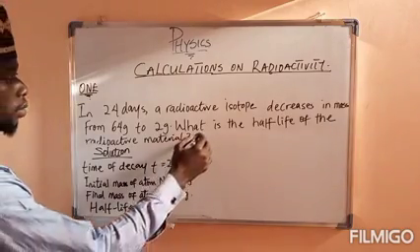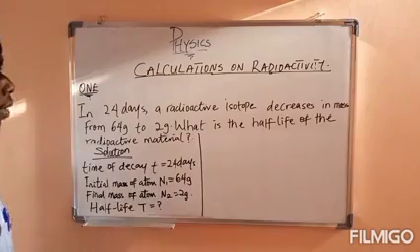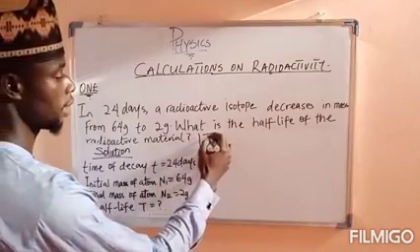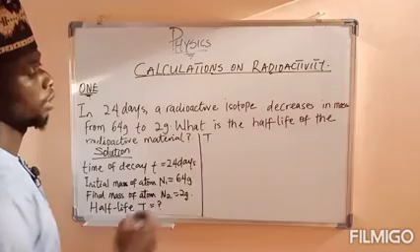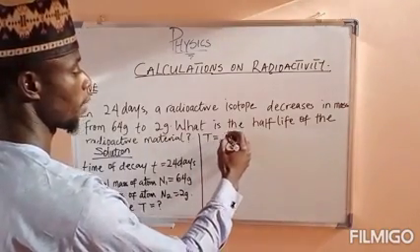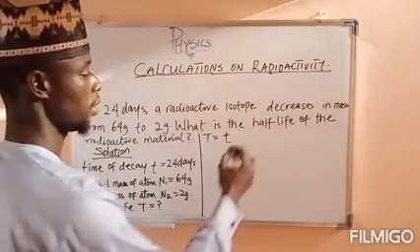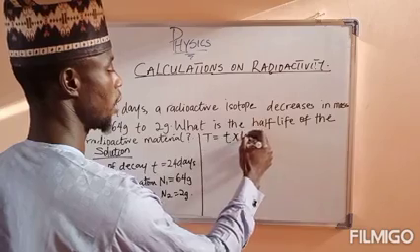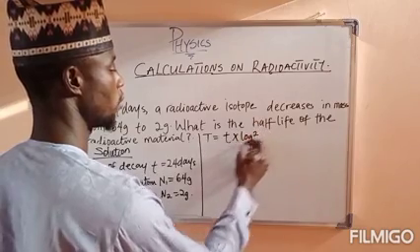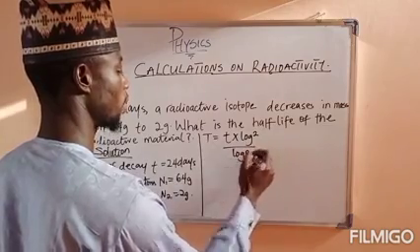The next thing to do is to recall my formula. I have this formula that deals with half-life, which is equal to the time of disintegration or time of decay, small letter t, multiplied by natural log of 2 all over natural log of r.